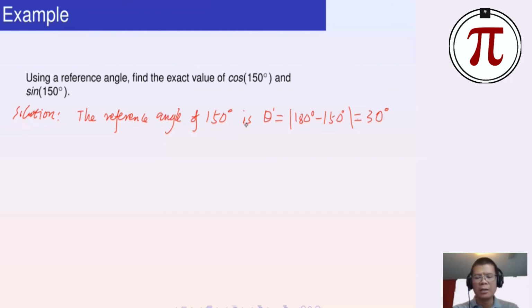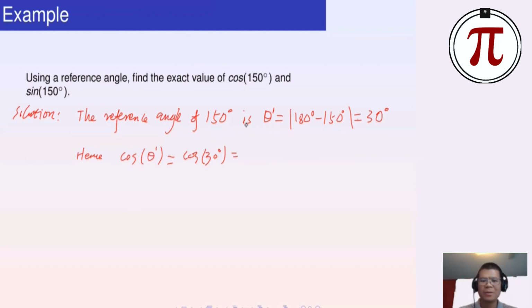So now, what are the cosine and sine of theta prime? Hence, cosine of theta prime equals cosine 30. Now what is cosine 30? Anybody remember? It's a special value.